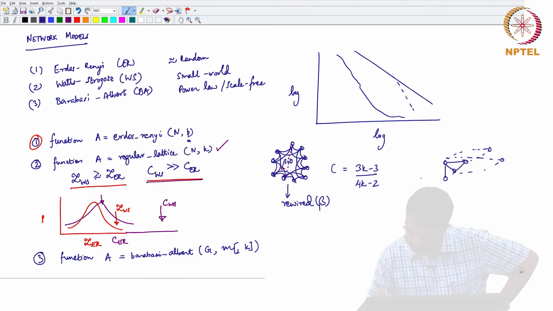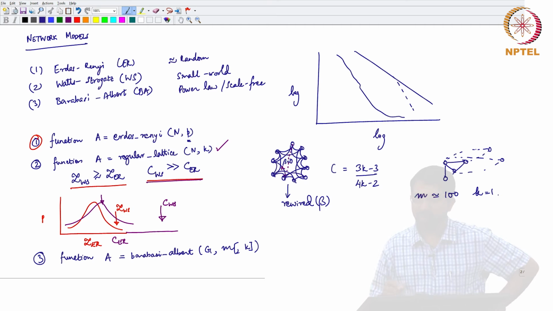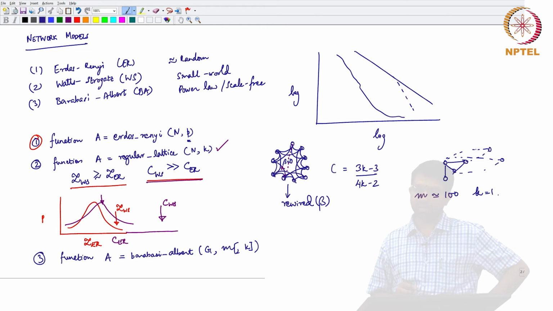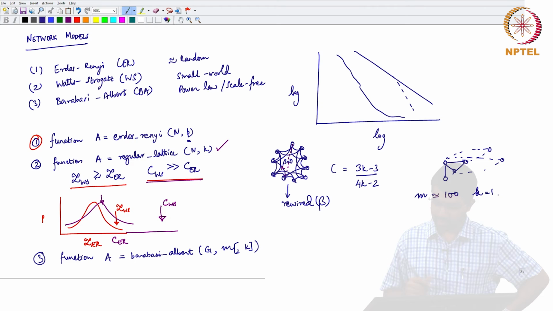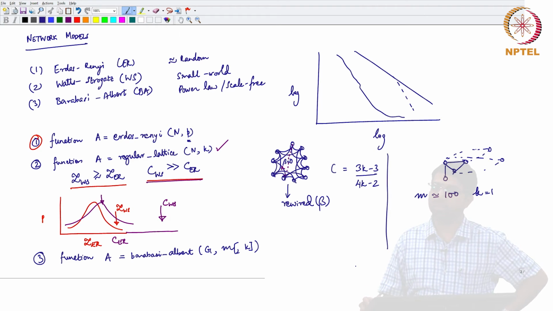Think about it: when, let us say, m is 100 and k equals 1, what will be the clustering coefficient of the graph? It is not something that you would normally be able to answer easily, but because k equals 1 it is a special case and I think you may be able to easily see what happens.